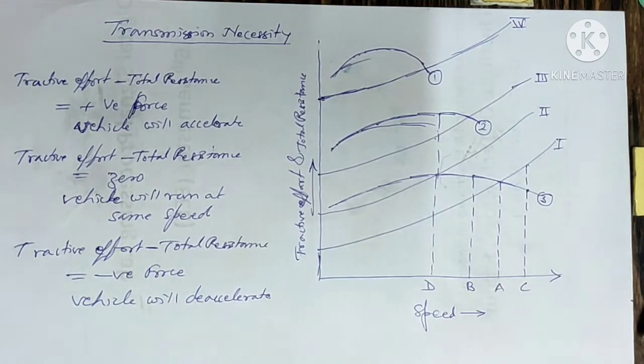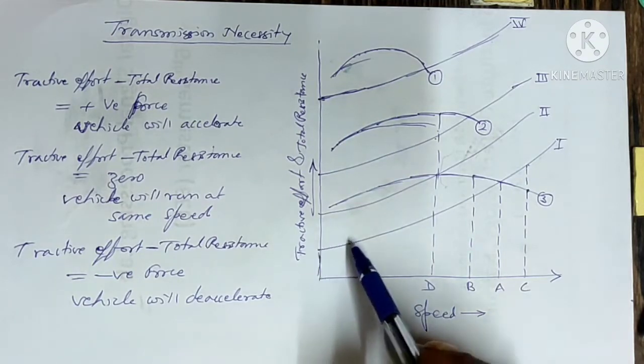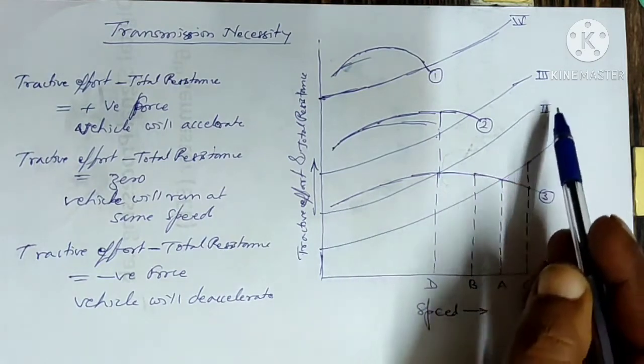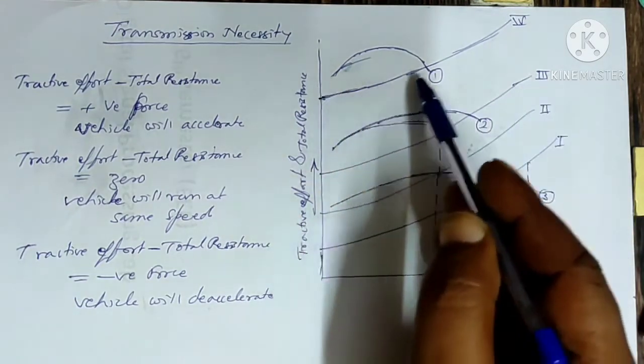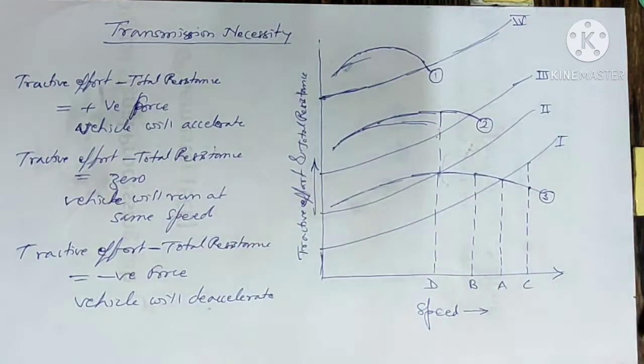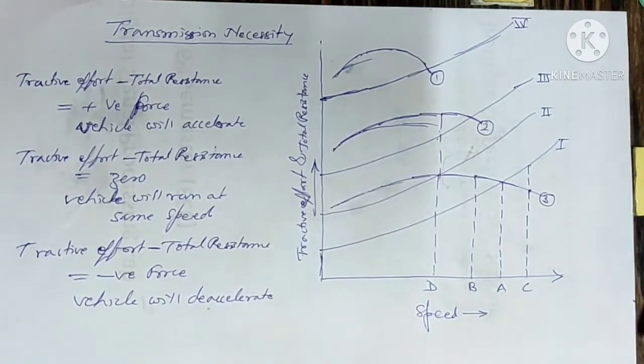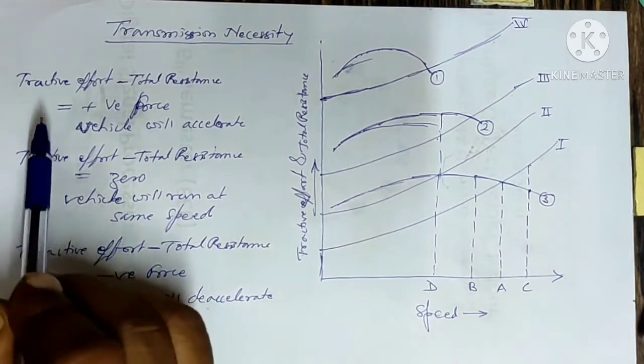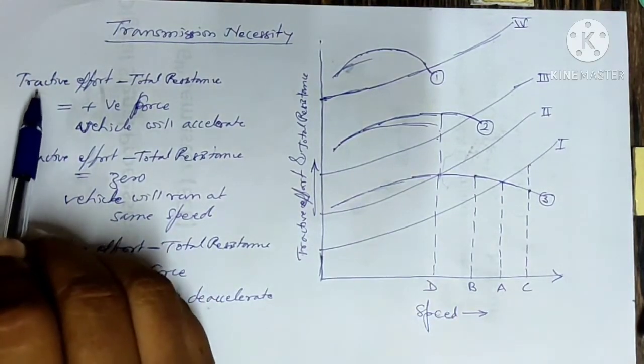Miscellaneous resistance is constant with respect to speed, and the gradient resistance is also constant with respect to the velocity. So if you sum up, then these curves become the total resistance for the motion.